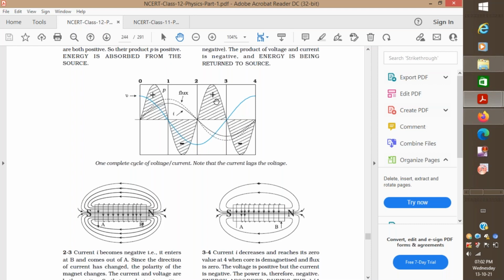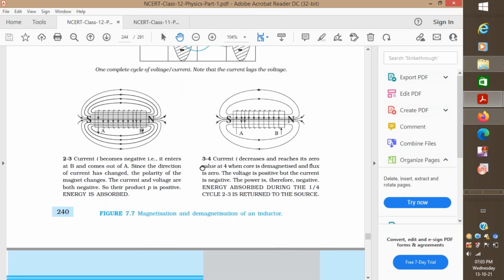Again, in the third quarter of the time period the circuit absorbs power, and in the last quarter of the cycle the same power is returned back to the source. So power is absorbed and returned back, absorbed and returned back. If you take the average of all these positive and negative values, then you will get overall zero power consumption by the circuit. This is how you can understand it.